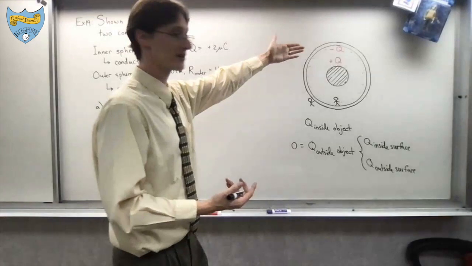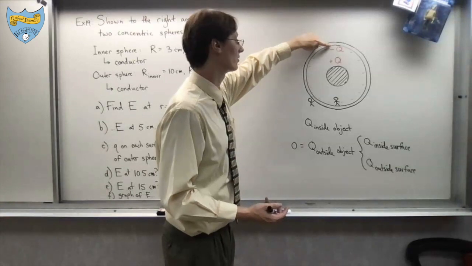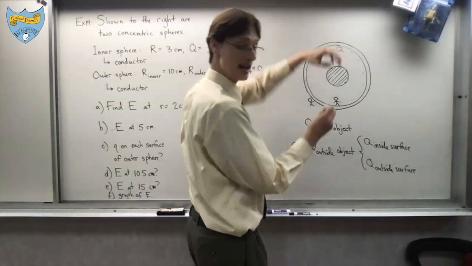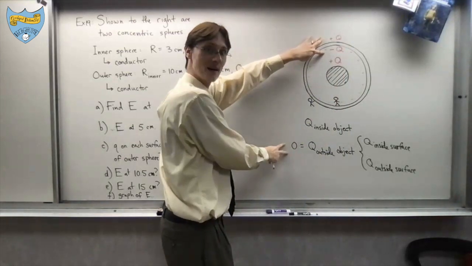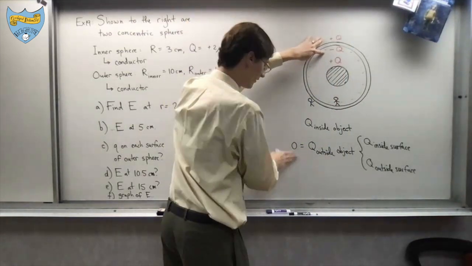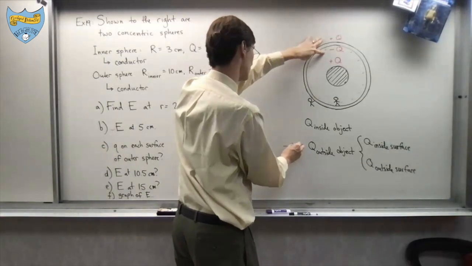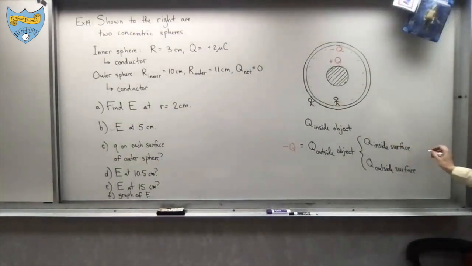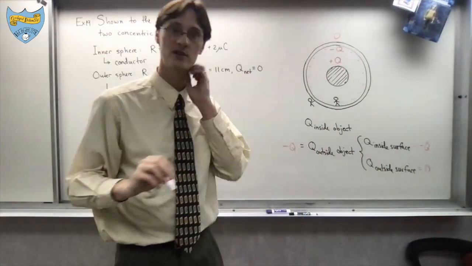In this circumstance, where the charge on the inside surface becomes -Q to match this one, the outside surface would have to take on a charge of plus Q in order to add up to 0. On the other hand, if they say that the charge on the outside object is negative Q, and the charge on the inside surface is negative Q, the charge on the outside surface would in fact be 0. It wouldn't be charged at all.